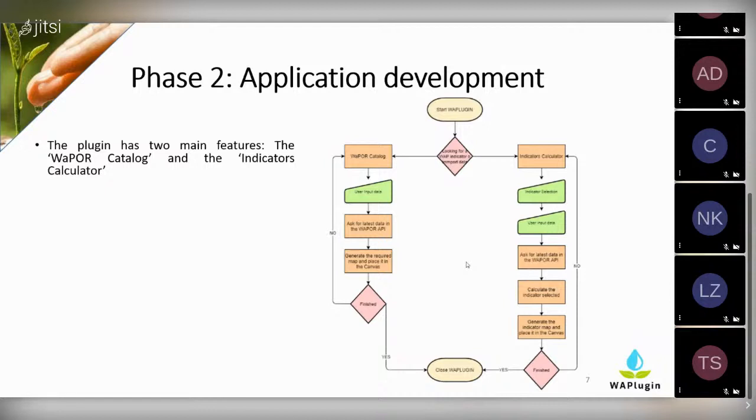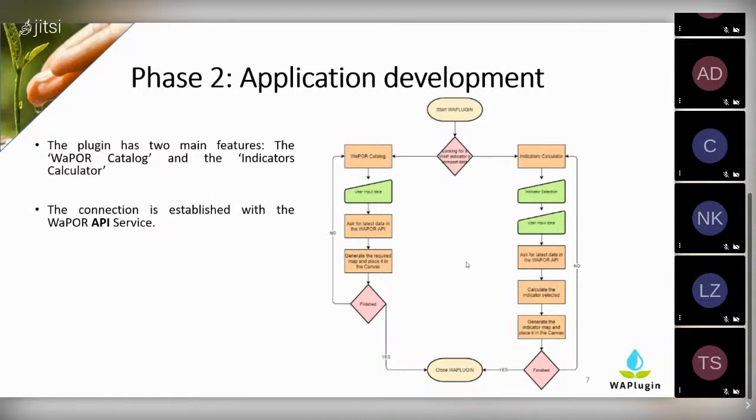For the second feature, the indicators calculator, first the user has to select which indicator he wants to compute. Then he has to introduce some input data like the localization, date, resolution, among others. And if it is required by that specific indicator, the user also has to introduce some other input data. Based on that, the plugin will calculate the indicators by itself, and then it will create a map that will be brought into the QGIS canvas.